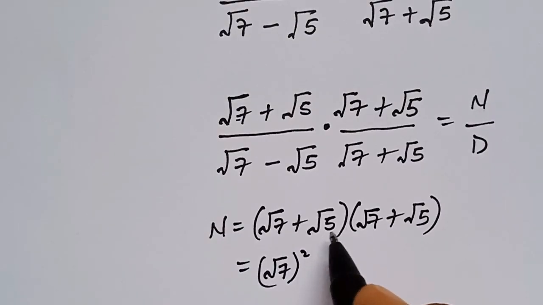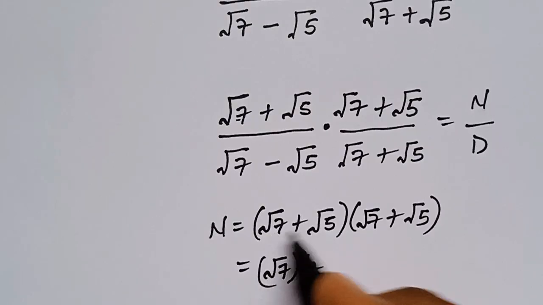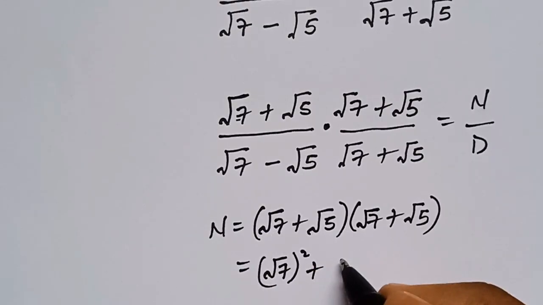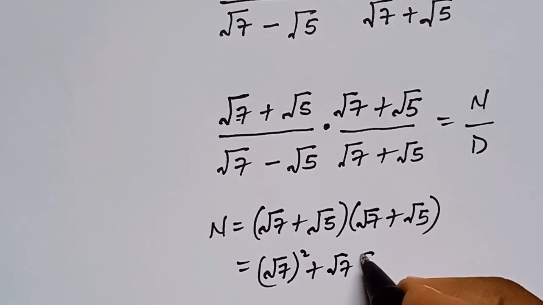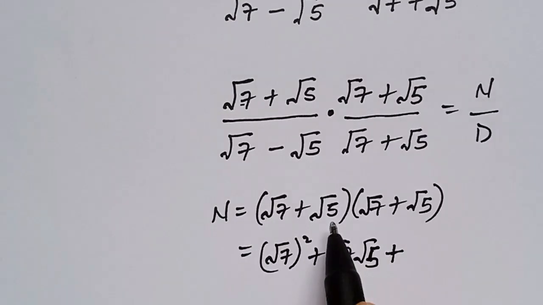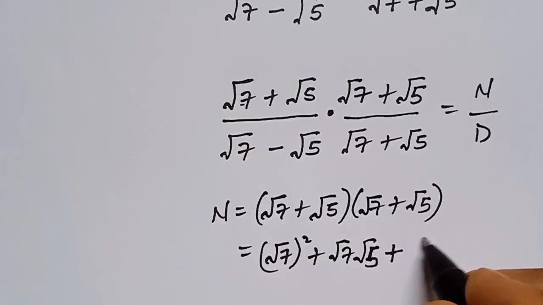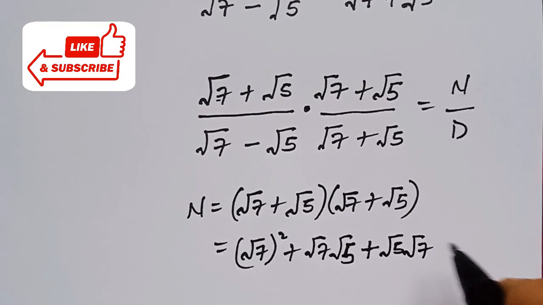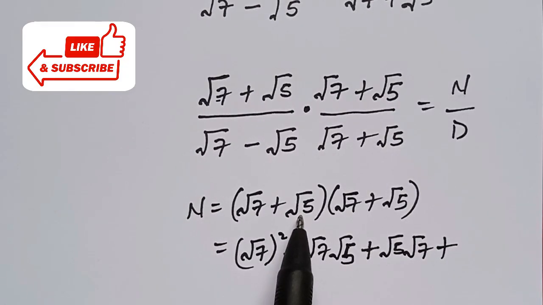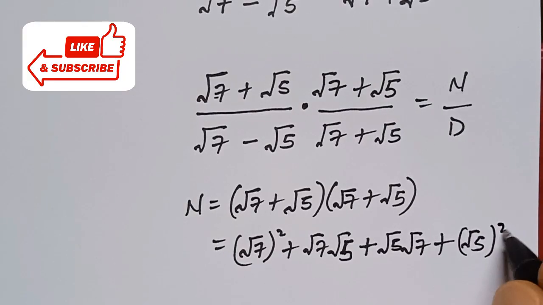This also gives us plus square root of 7 multiplied by square root of 5. Then plus square root of 5 multiplied by square root of 7, plus square root of 5 multiplied by square root of 5. We have square root of 5 squared.